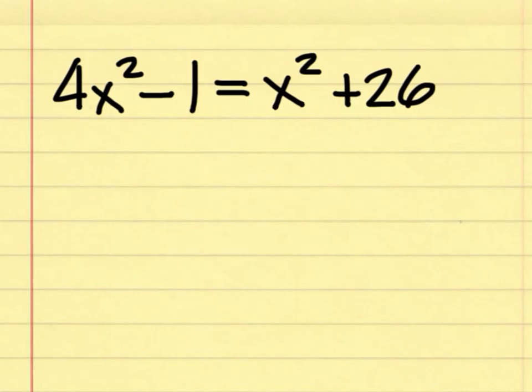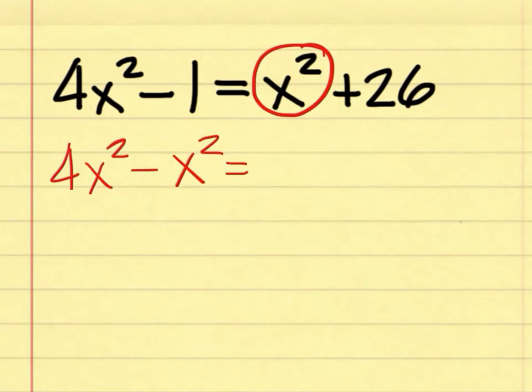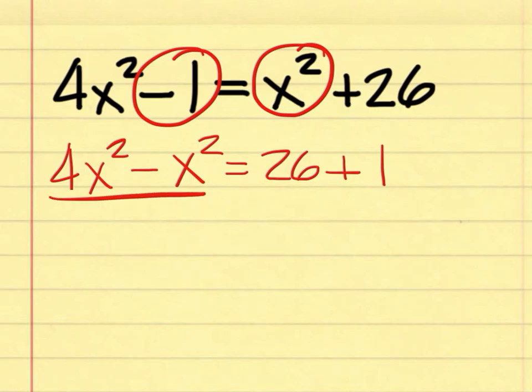4x squared minus 1 equals x squared plus 26. On this practice problem, my first step is 4x squared minus x squared when I move this over to the left. Keeping the 26 on the right, move this to the right, make it plus 1. Simplify that to get 3x squared equals 27.